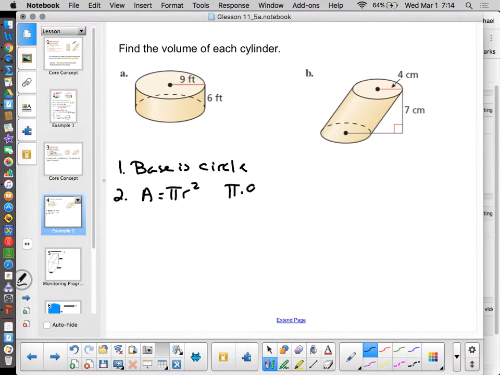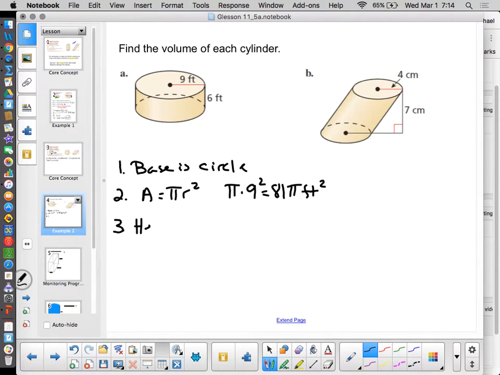So pi times 9 squared is 81 pi feet squared. Now again, kind of like we did with circles before, if it's a nice whole number like that, we're going to leave it in terms of pi. If I had some sort of decimal value, then I would go ahead with approximate 3.14 for pi. But 9 is a nice whole number. We're going to leave it that way because it's precise.